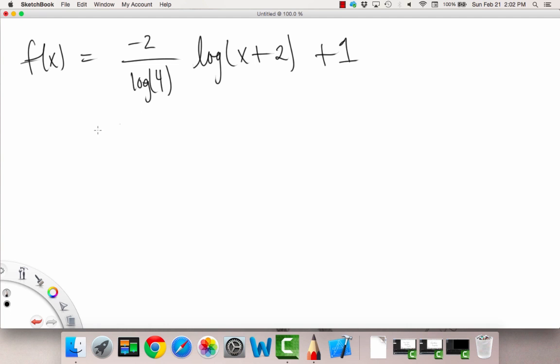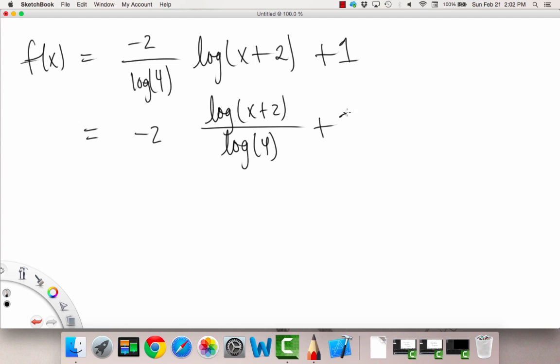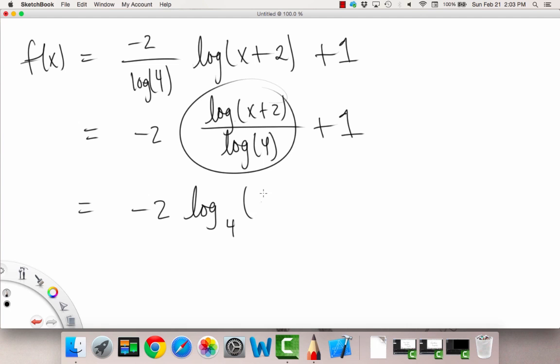All right, so let me rewrite this in another way. So this is actually log of x plus 2 with a base 10, right? That's the common log. And then log of 4 with that same base. So we can take our change of base formula and go back the other way. So this is actually going to give us negative 2 times log base 4 of x plus 2, and then plus a 1.